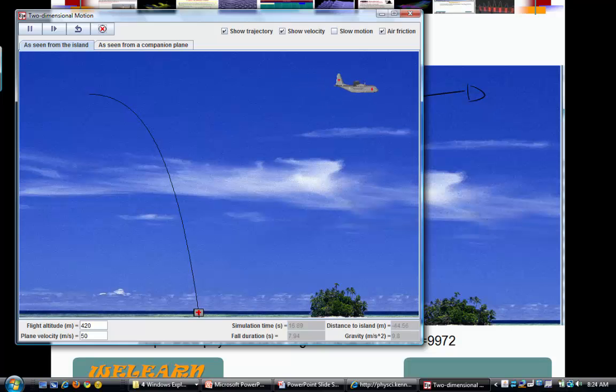The package is not going to be moving horizontally at the same velocity as the airplane. In this case, the package is going to have an acceleration along the horizontal as well as an acceleration along the vertical, while the airplane is moving at a constant velocity, no acceleration in either direction.